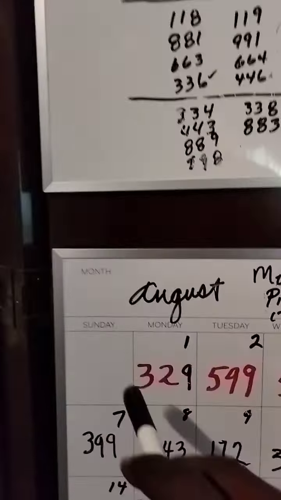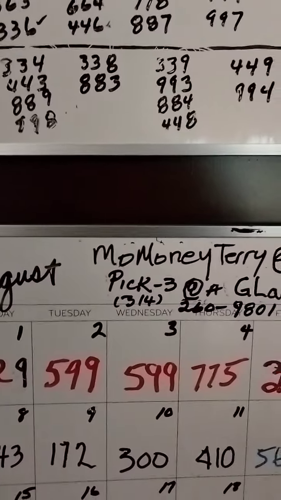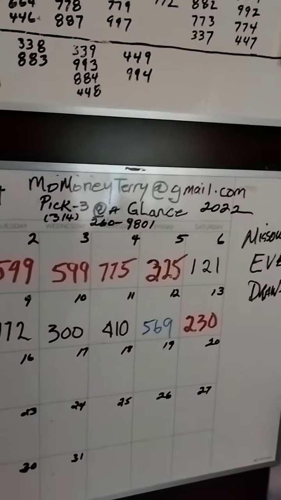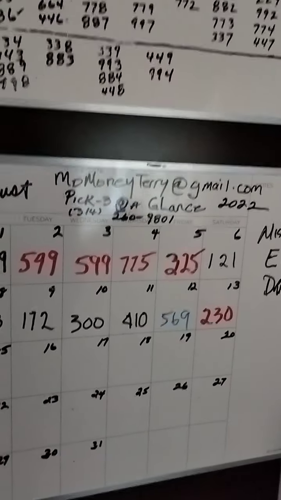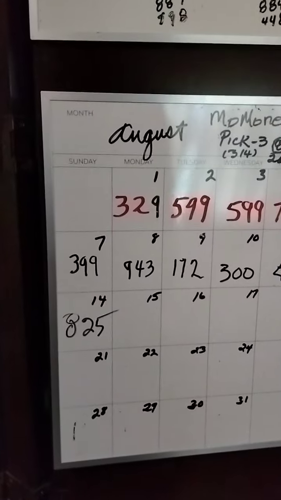I hit the 239, the 32, 230. I didn't play on it, but I knew it was coming. So see there, that's how they roll. That's how you can hit them if you keep an eye on the pairs. And then you got the 825 that came on yesterday on the 14th. Okay, that's how you do the pairs.